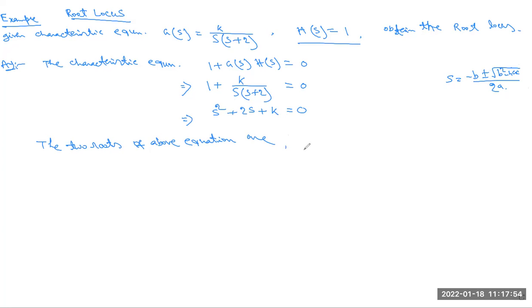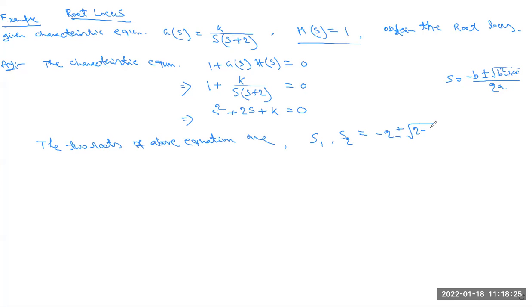Since it is a second order system, the number of roots is 2. We represent these two roots, one as s1 and another as s2. We put the values into this equation, and the equation comes out something like that.